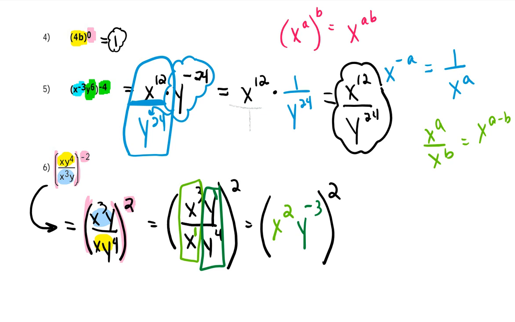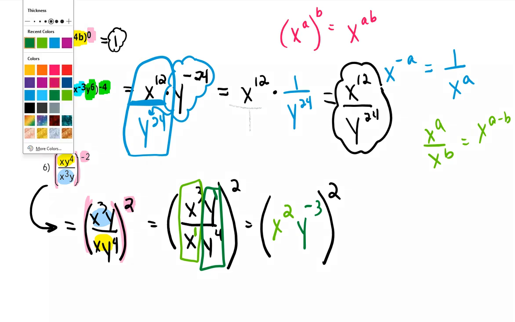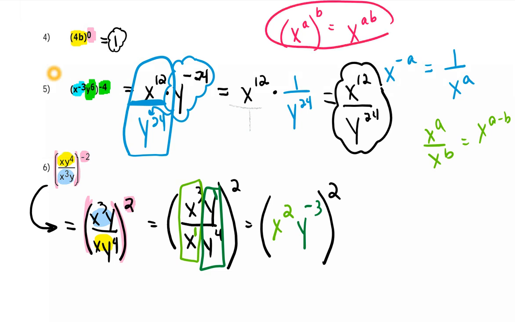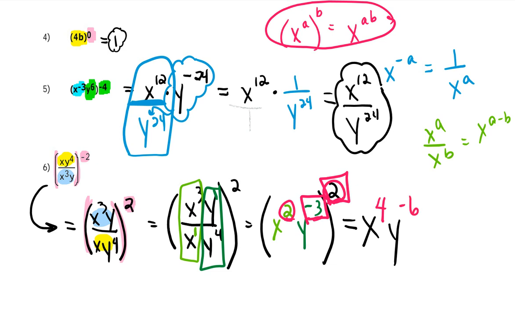And then remember there's no rule on which rule to use first, so I think I'm going to use this rule again and take my powers and raise them to this power. So this is going to equal x to the, when you take 2 times this 2, you get a 4. And then y to the, when you take this negative 3 times this 2, you get a negative 6.